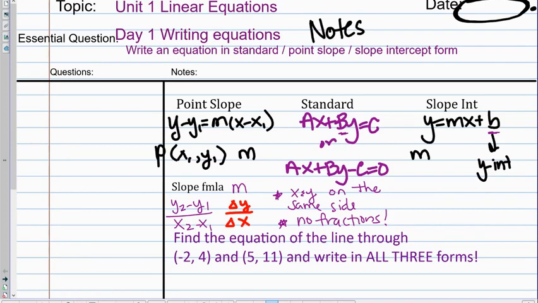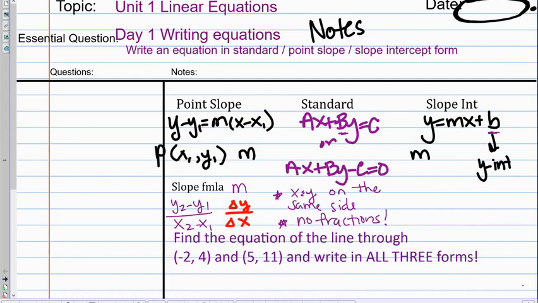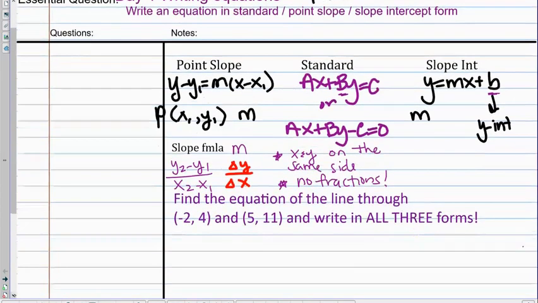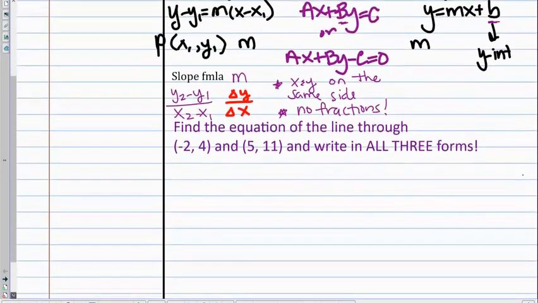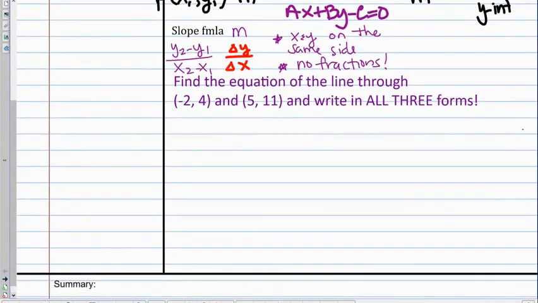So as we are going through this, we are going to start with an example where I have: find the equation of the line through these 2 points and write it in all 3 forms. Yikes. If it helps you when you get started, label these as your x1, y1, and your x2, y2. Pretty soon you'll get good at it.